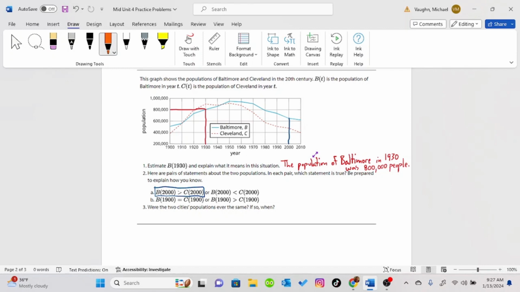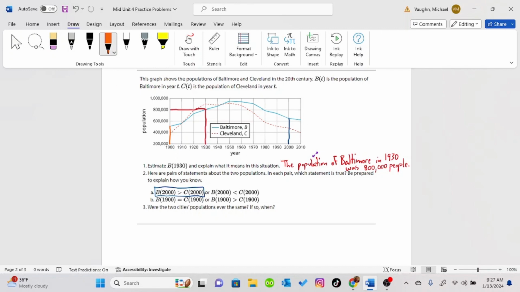B says B of 1900 equals C of 1900. 1900 is the x value, so we go up and we see that the solid line for Baltimore is higher than the dashed line for Cleveland, so these are not equal to each other.